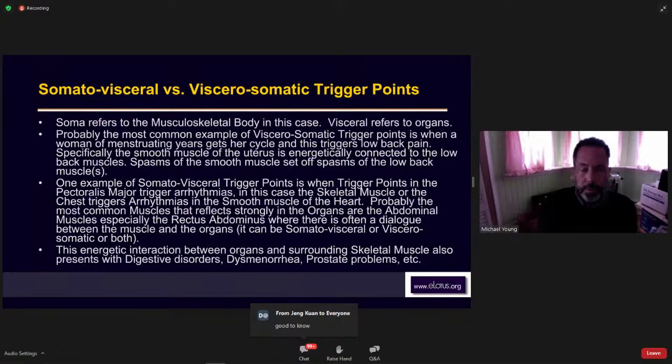So there's a concept of somato-visceral versus viscerosomatic. As you know, soma refers to the musculoskeletal body, and in this case, visceral refers to the organs. So probably the most common example of a viscerosomatic, so organ to skeletal body, that we see and are aware of is when a woman of menstruating years gets her cycle, and then this triggers low back pain.